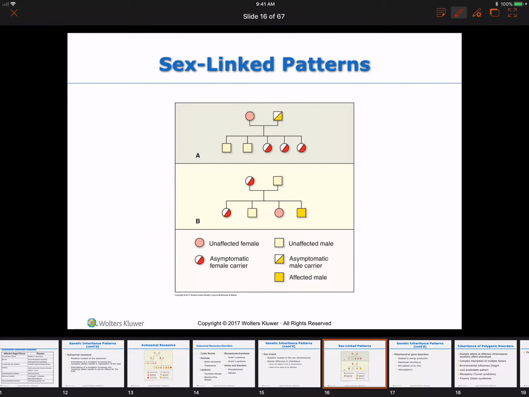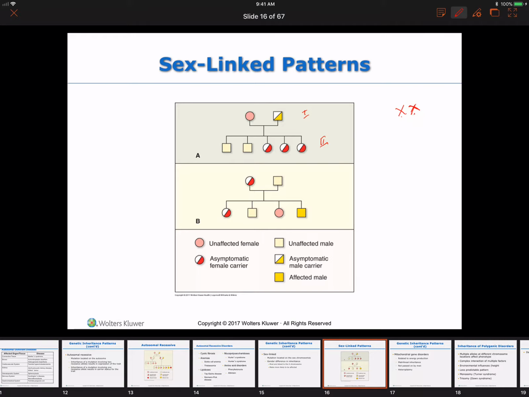All right, so here we're again, generation 1, generation 2. We have a male carrier, and we have a normal or unaffected female. The male will pass on the mutation to his daughters, because remember, the daughters have 2 X's. 1 X will be derived from the mom, 1 X will be derived from the dad.